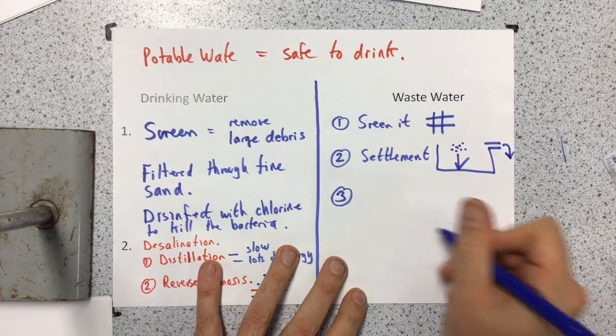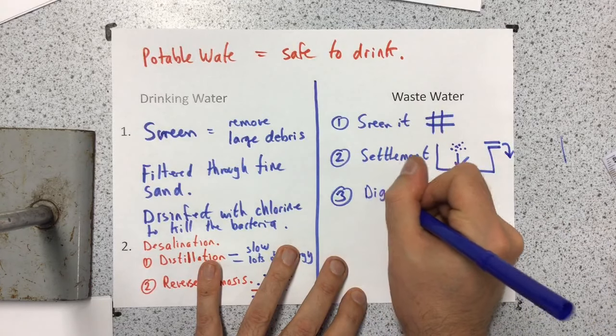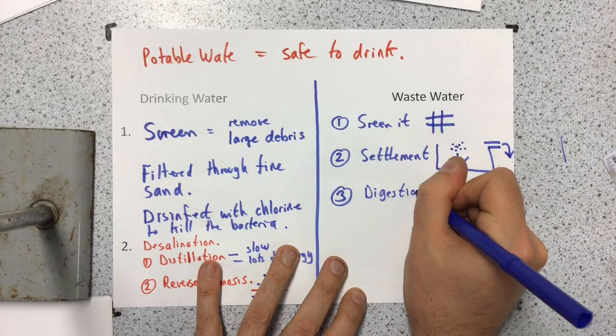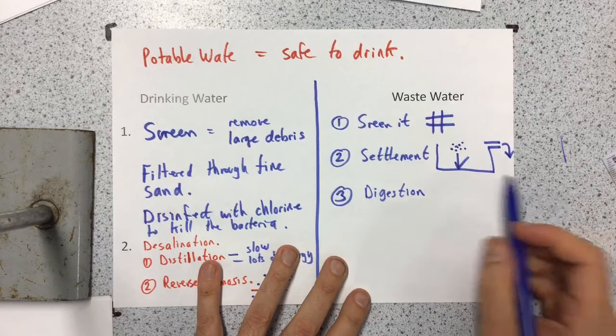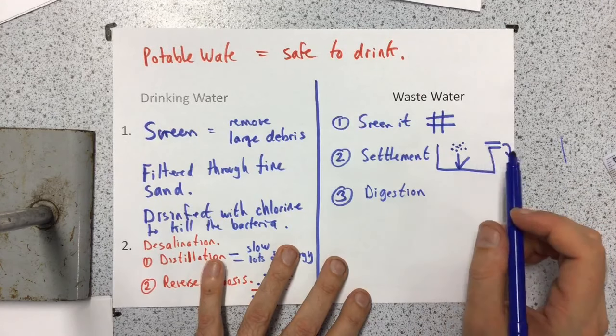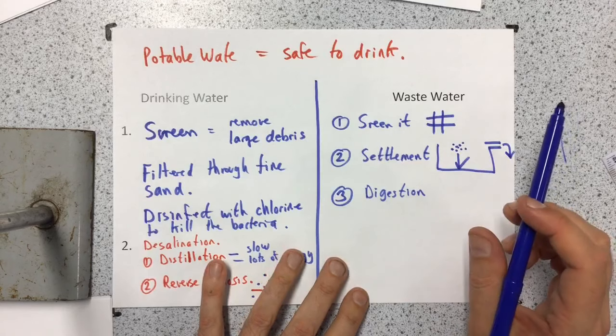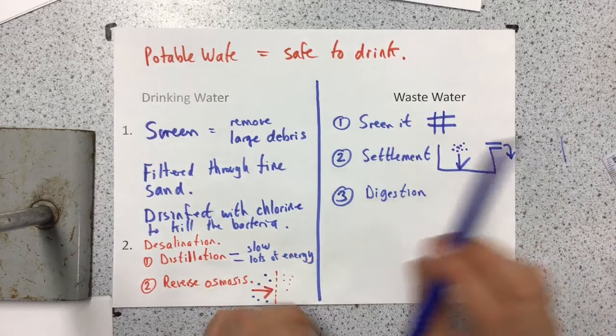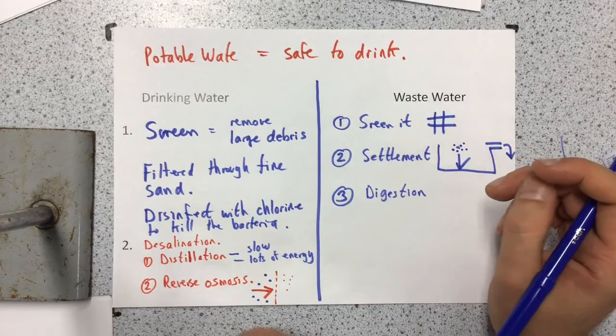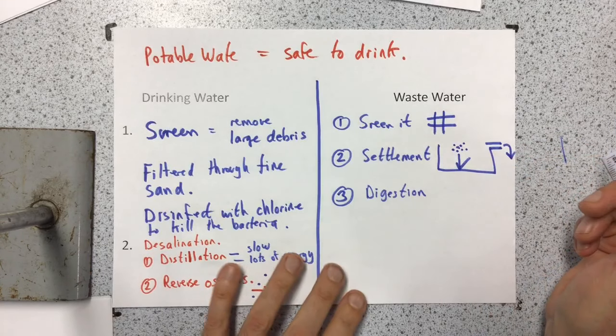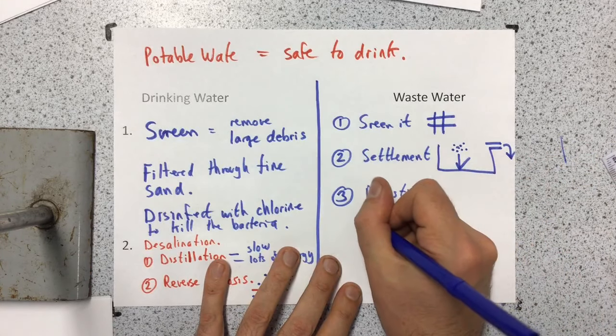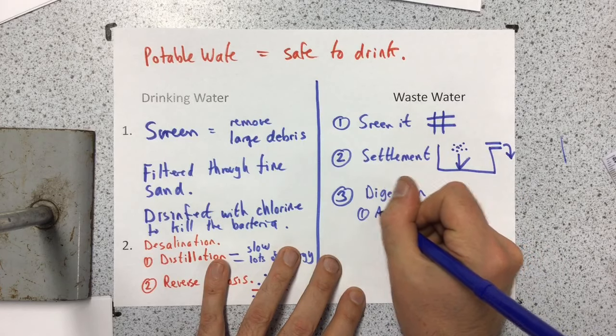Now, the next thing is digestion. So in this water now, we've got loads of what's called organic material. Okay, so that's the waste food that leaves your body when you go to the toilet. Digestion can either be aerobic.